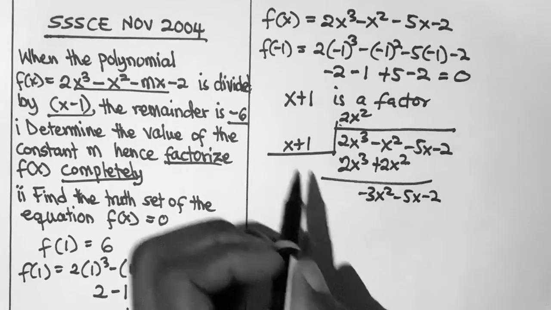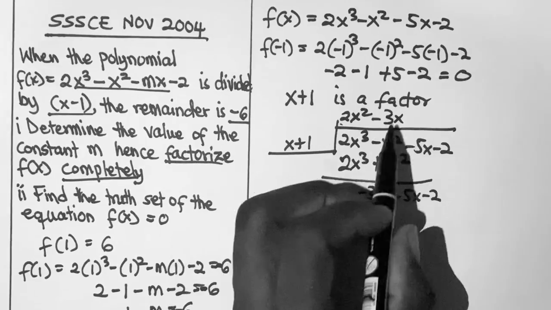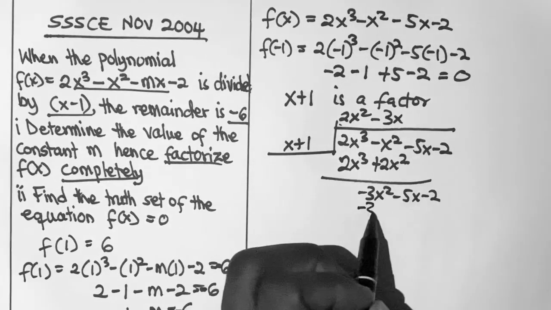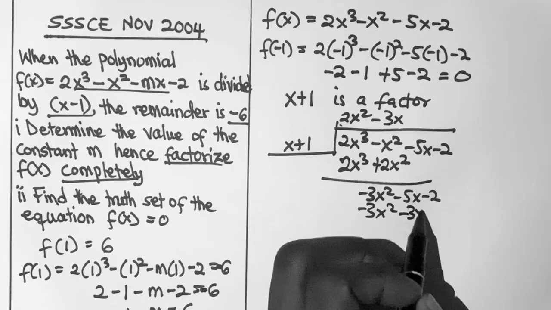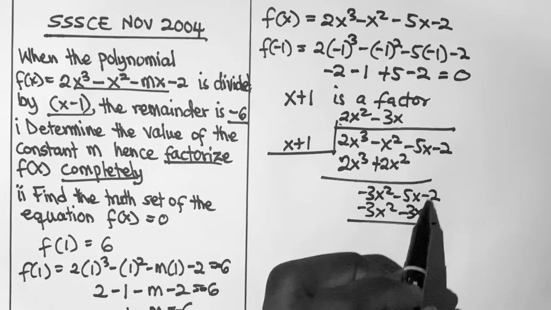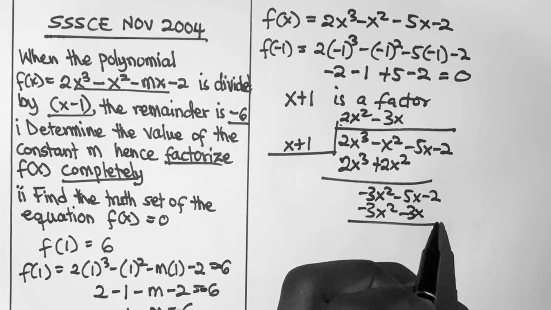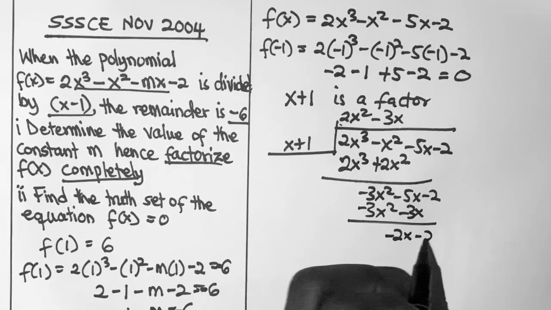Minus 3x squared divided by x is minus 3x. Minus 3x times x is minus 3x squared. Then minus 3x times 1 is minus 3x. So if you subtract, this side goes to 0. Minus 5x plus 3x is minus 2x, minus 2.